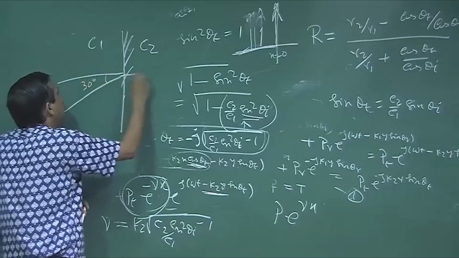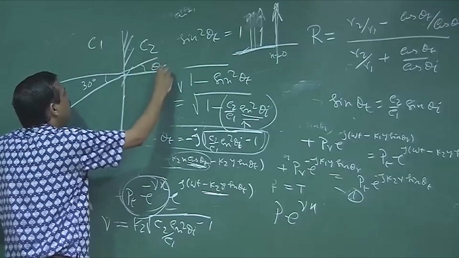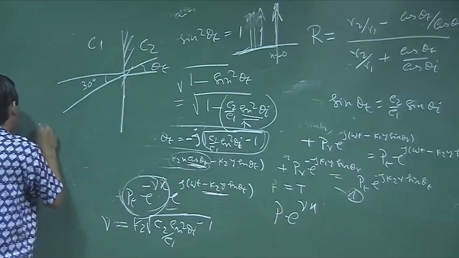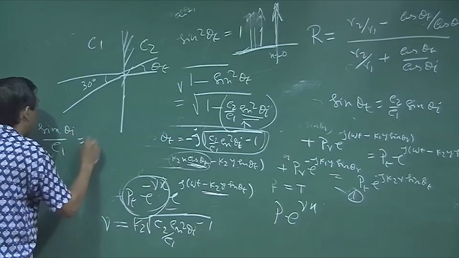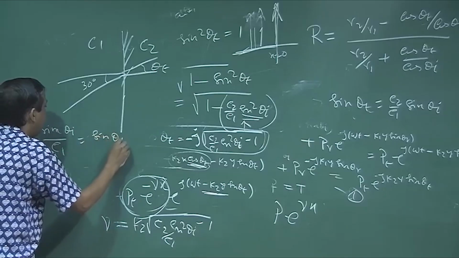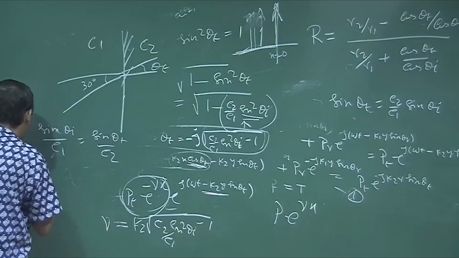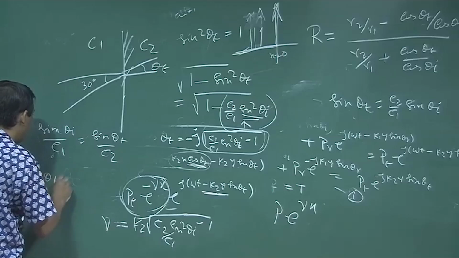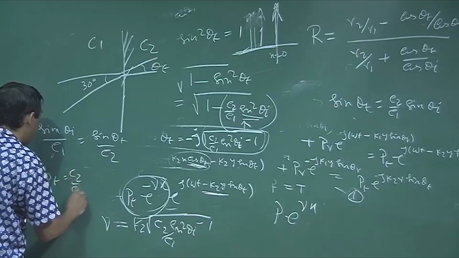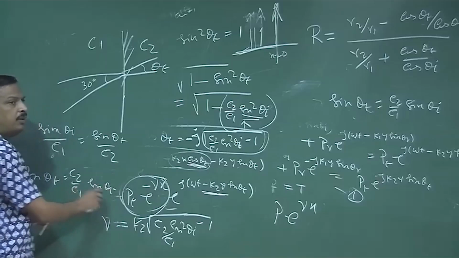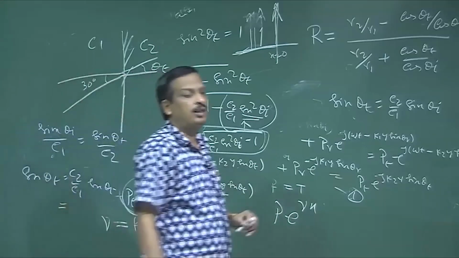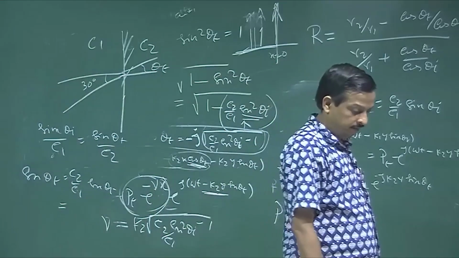What will be theta t? I have to calculate theta t. So, sin theta i divided by C1 is equal to sin theta t divided by C2. So, sin theta t is C2 by C1 into sin theta i. C2 is given, C1 is given, theta i is given, so I can calculate theta t.